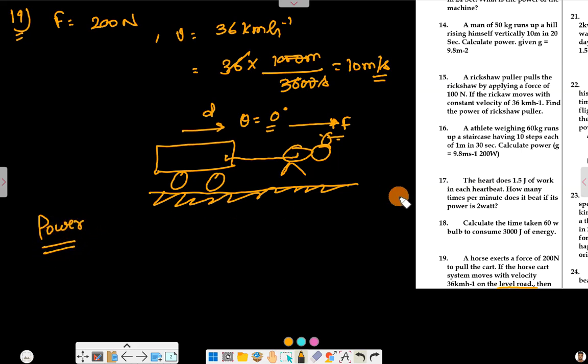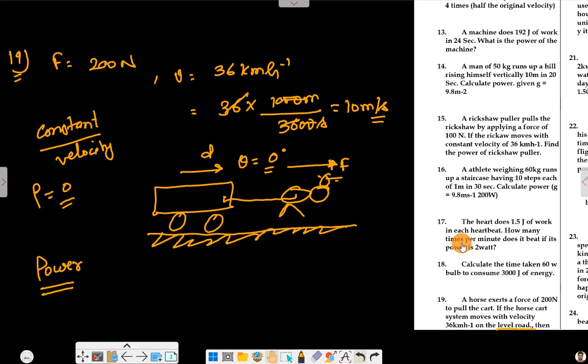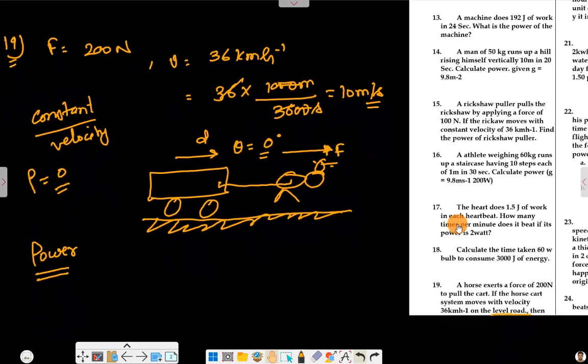Previously we did a similar question where it was mentioned that the velocity is constant, and in that question our power was 0. Here it is not mentioned that velocity is constant. Here we have just been given the velocity's value, but it is not mentioned that it is constant. Let me look at that question. Here it is question number 15.